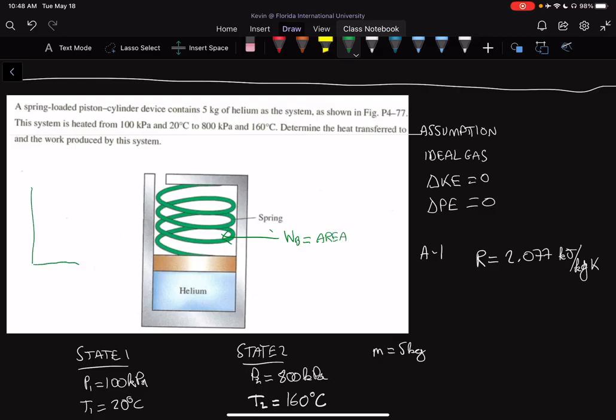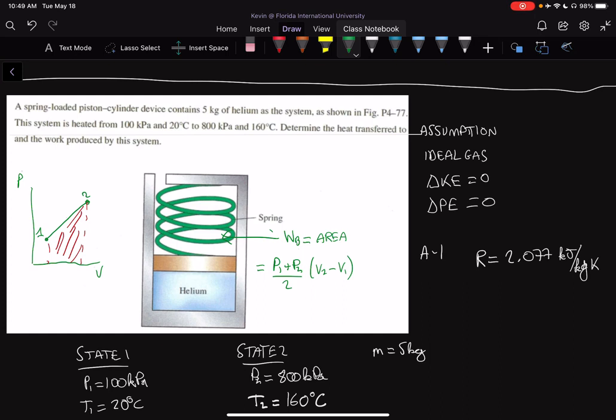If we draw a PV diagram from 1 to 2, with pressure and volume, the area under the curve would just be this area right here for a spring. So it's a triangle plus a rectangle, and this equals P1 plus P2 over 2 multiplied by V2 minus V1. So it should be pretty easy to find our work boundary.